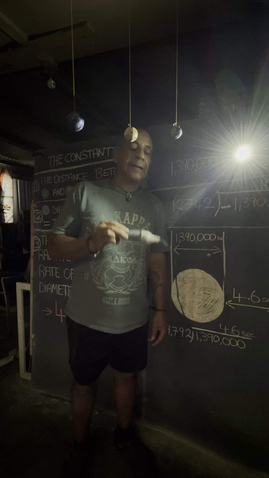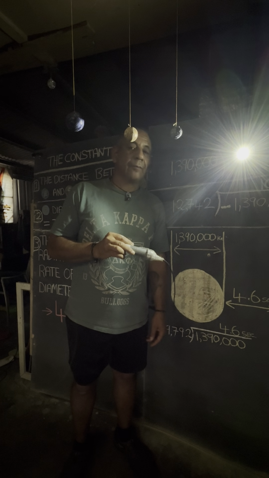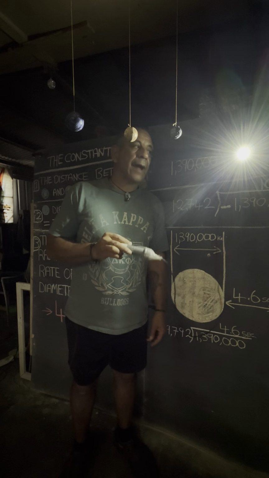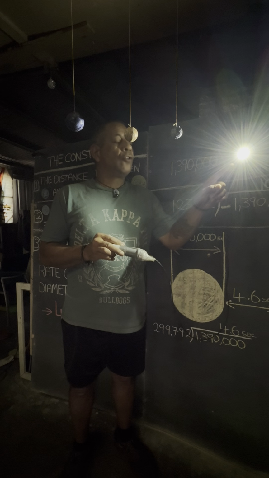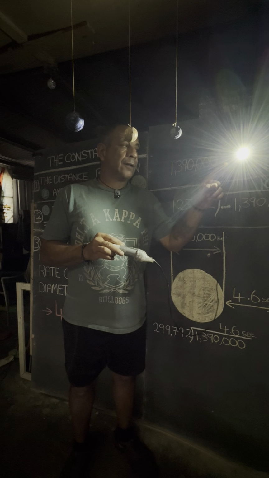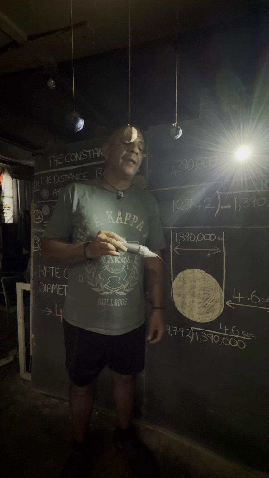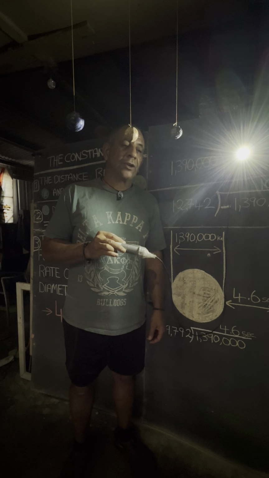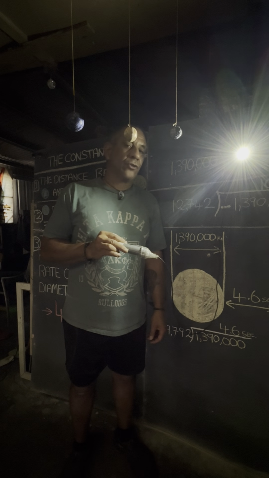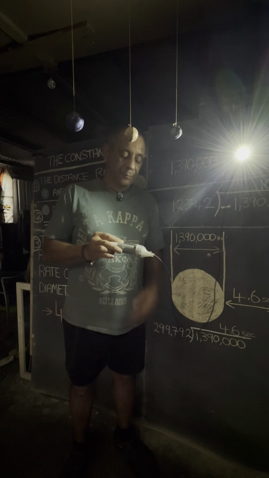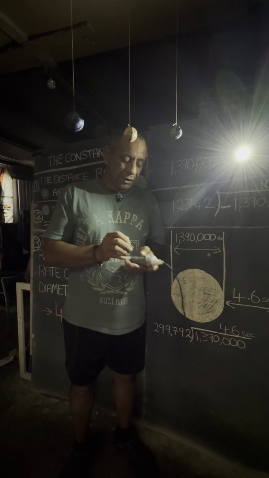Yet we've been led to believe that the sun does that, right? When in fact, if you look at this bulb and you blew this bulb up to a diameter of 1,390,000 kilometers, what would the light do from the sun? What would it do? I'll tell you what it would do.